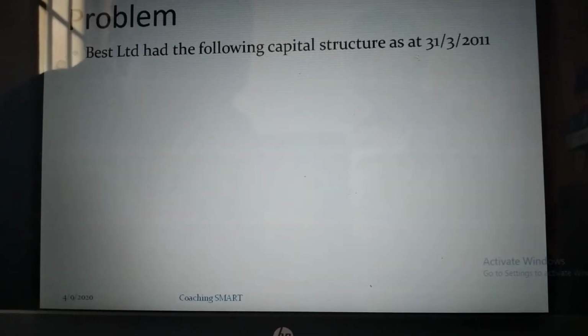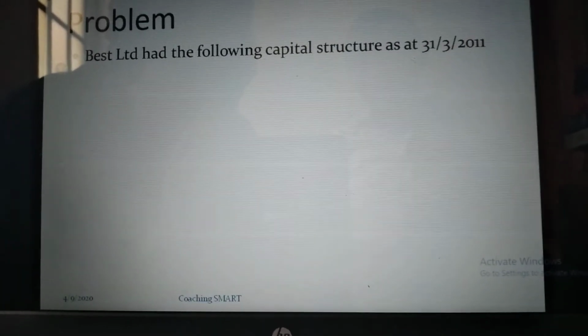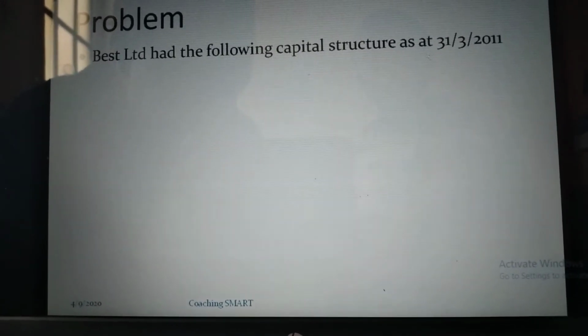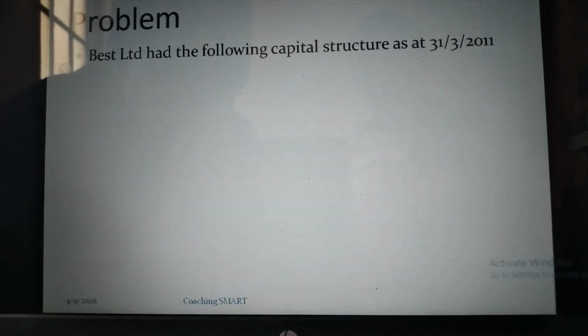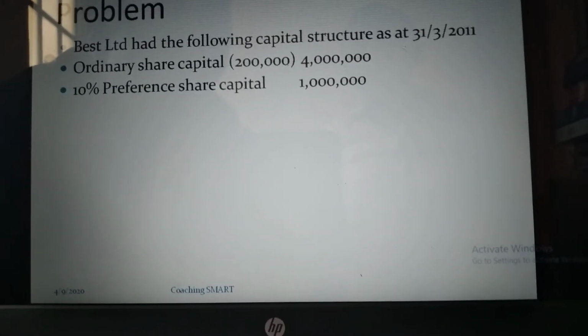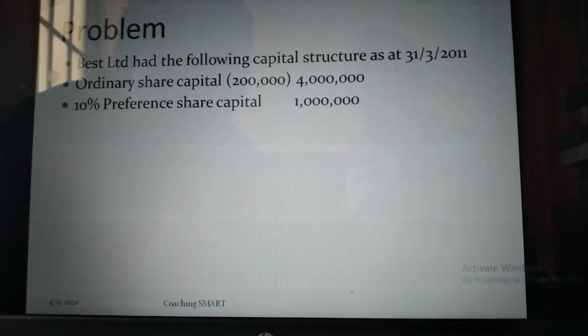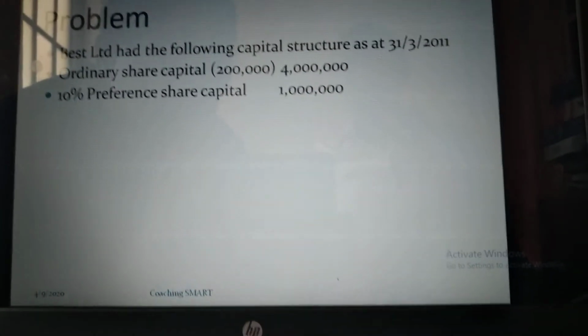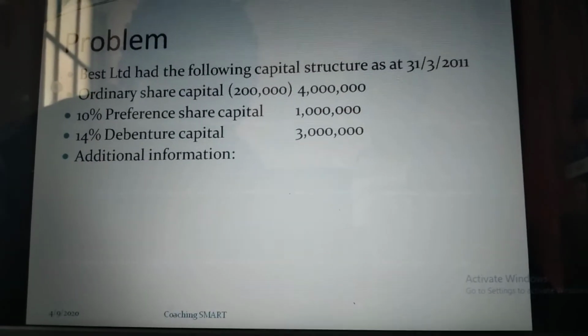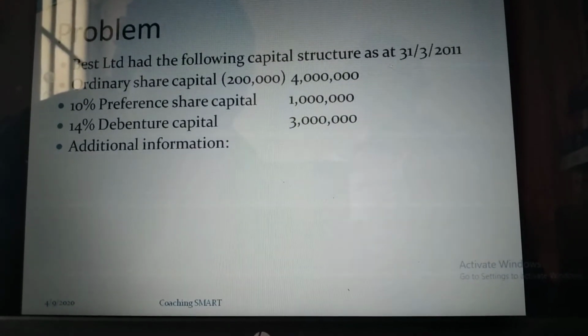Now the problem. We have a problem. Best Limited had the following capital structure as at 31st March 2011. Ordinary share capital, 200 shares, which is 4 million. 10% preference capital, which is 1 million. 14% debenture capital, which is 3 million.